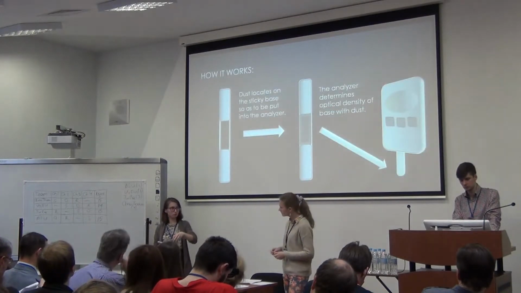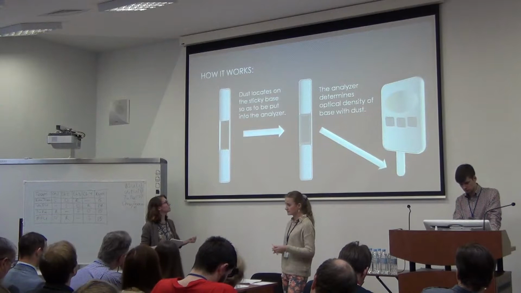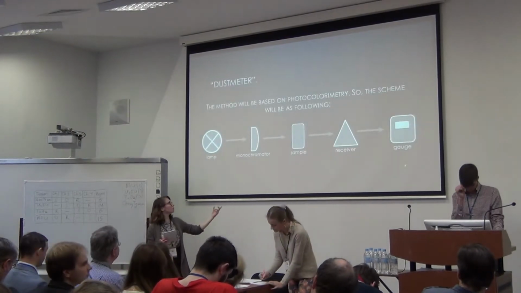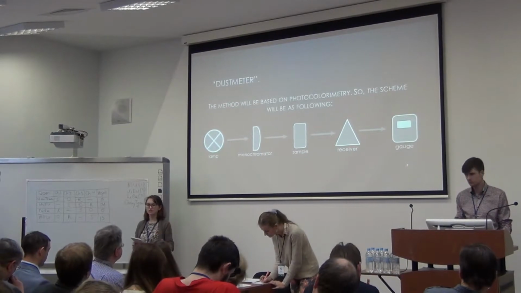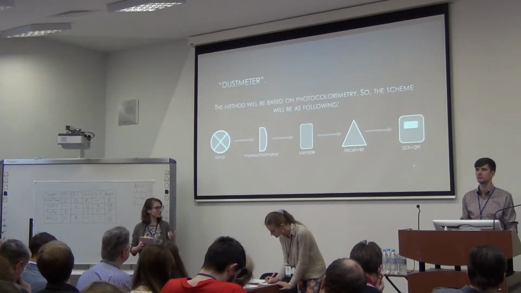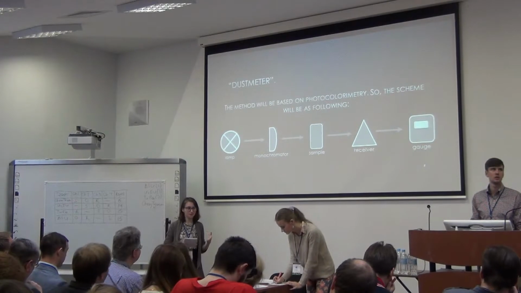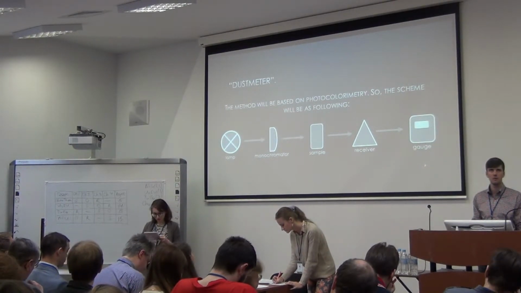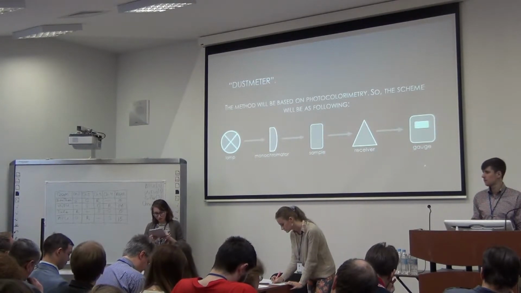The light goes through this stripe, and because there is dust there, the light just penetrates through it unevenly, and that is how we detect the difference.